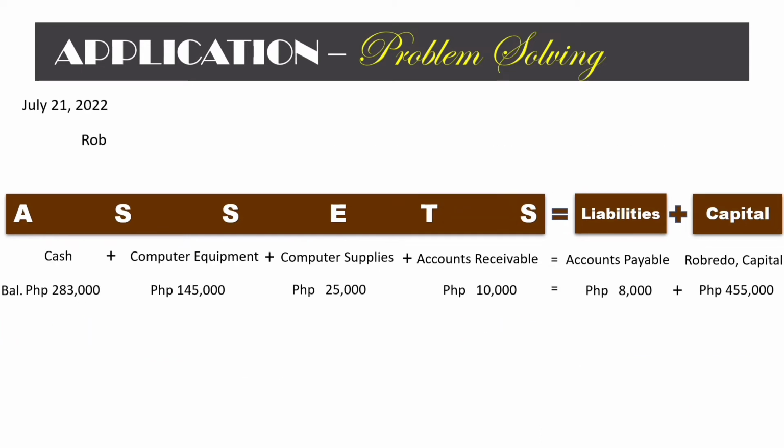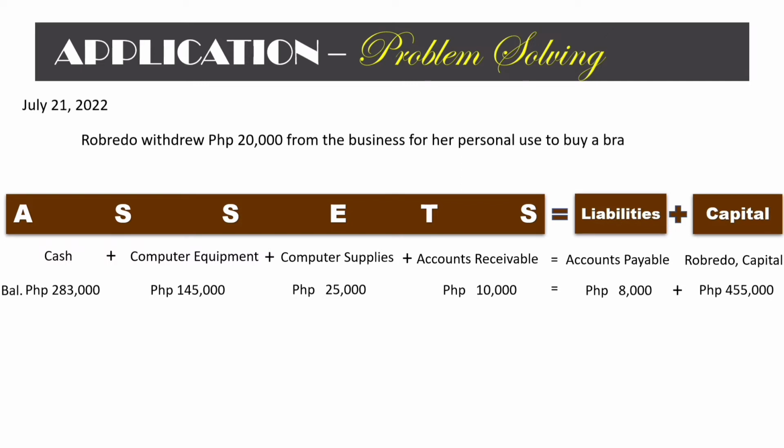Next transaction is July 21. Robredo withdrew 20,000 pesos from the business to buy a brand new TCL aircon converter for her house in Cavite. The 20,000 pesos cash withdrawal resulted to a reduction in both cash and capital accounts.